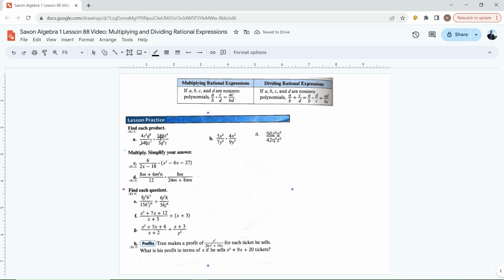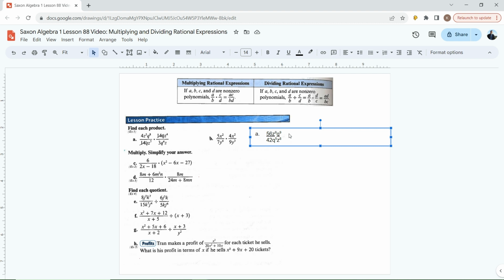That would have made it really obvious that this is going to be 4 over 3. But I know that if I divide 56 by 14, I'm going to end up with 4. So I'm going to put 4 on the top of this fraction and a 3 on the bottom. It's going to end up being 4 thirds when I cancel 14 out of the 56 and the 42.